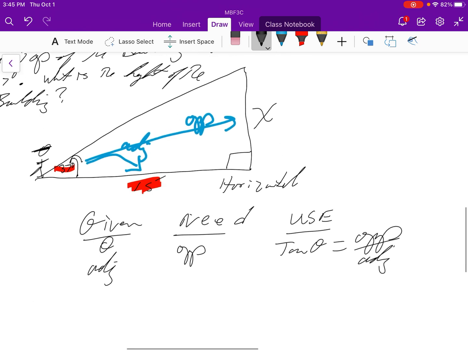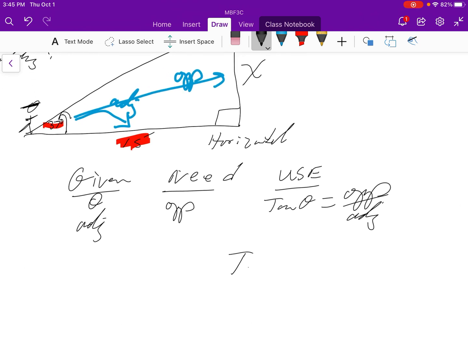Okay? So again, it's practice. We have the tan of 37 degrees equals our x over 15, which is the opposite. Multiply both sides by 15 to get your x value. So 15 times the tan of 37.